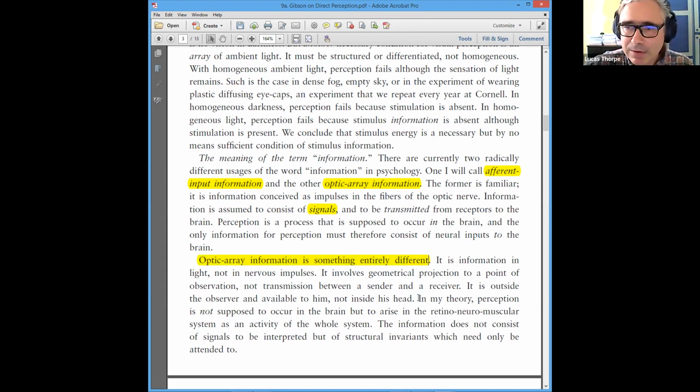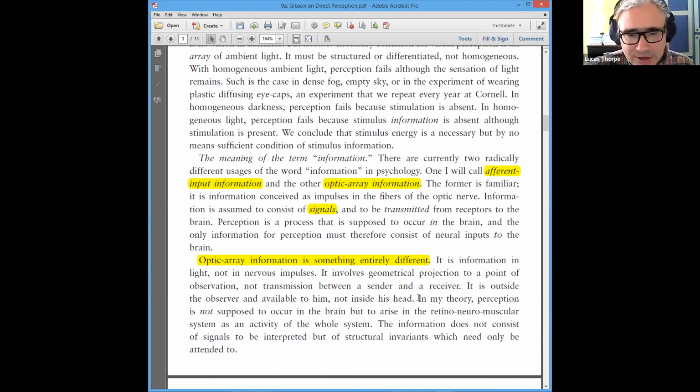Information in Gibson's sense is observer independent stuff in the environment, and it's stuff in the environment that plays an essential role in explaining how evolution occurred. So our visual systems have evolved the way they have to be able to pick up on this sort of information.